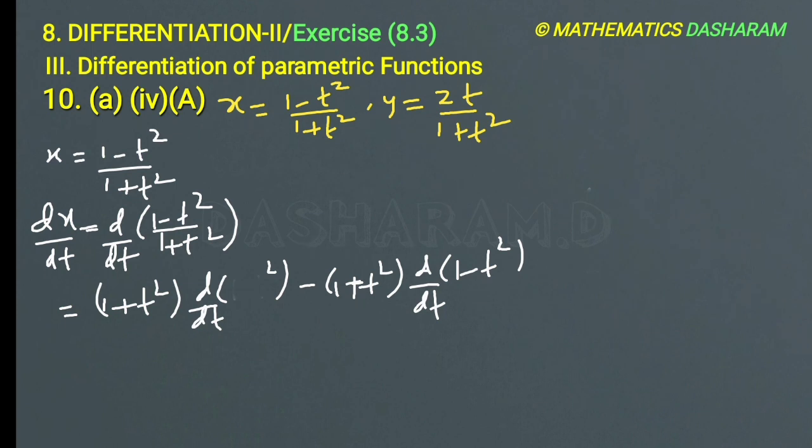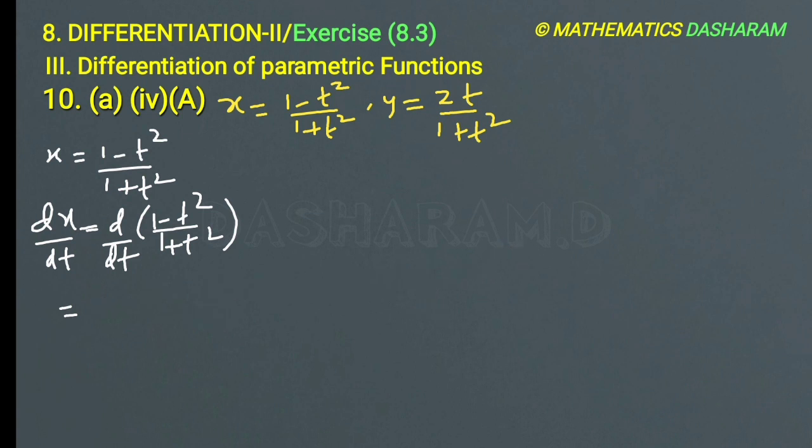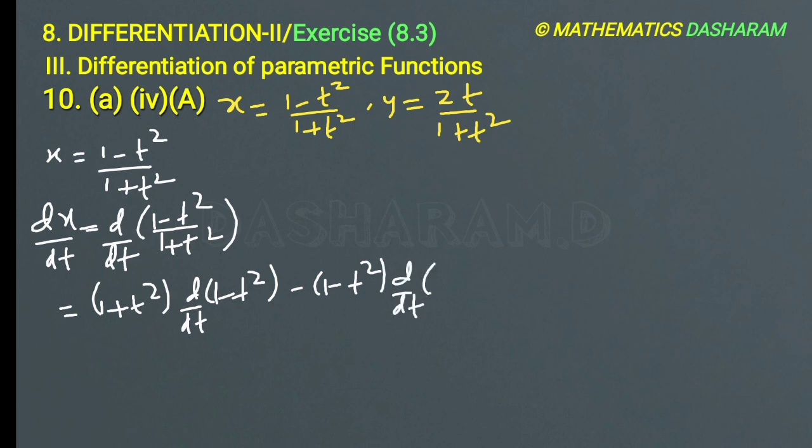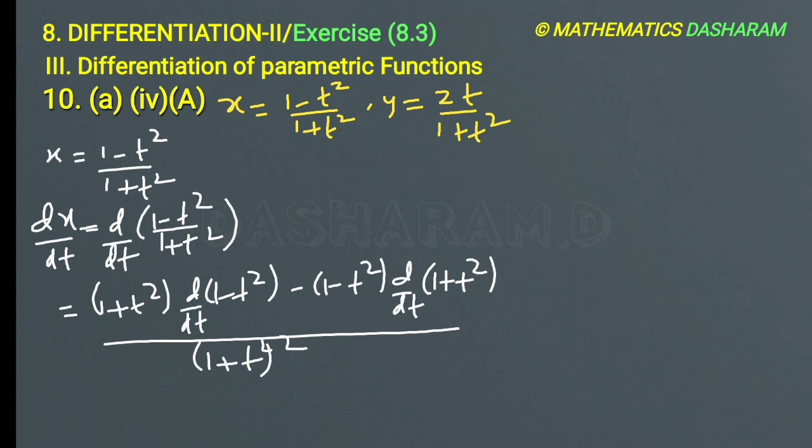here 1 minus t square. So once again I am explaining, v value how much? 1 plus t square. So (1 plus t square) into d by dt of (1 minus t square), next to minus (1 minus t square) into d by dt of (1 plus t square), whole divided by v square, v value (1 plus t square) whole square.